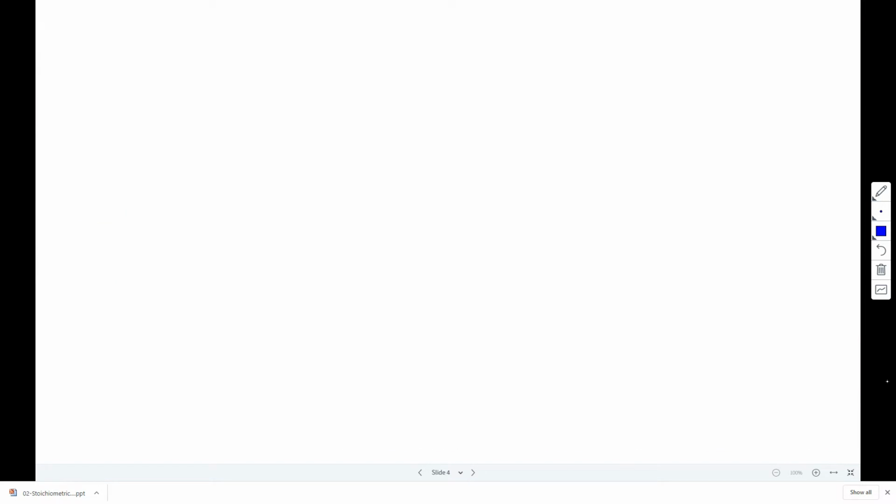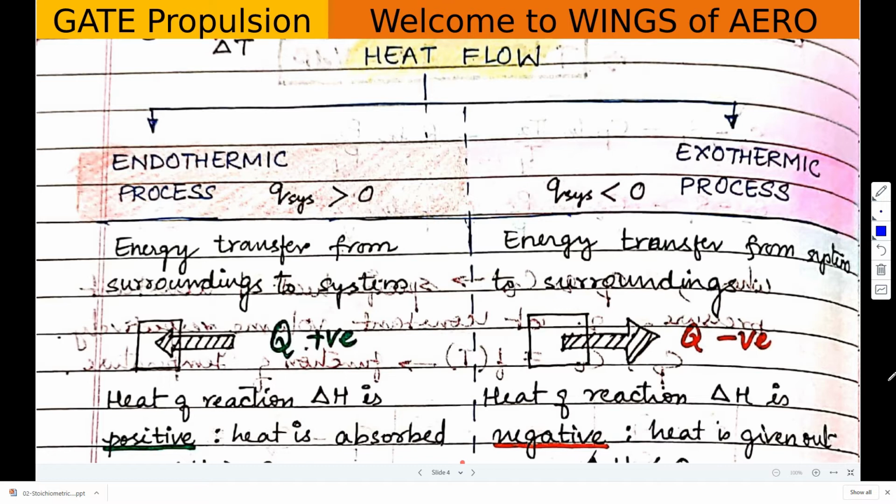There are two types of heat flows. One is an endothermic process, and the second one is an exothermic process.